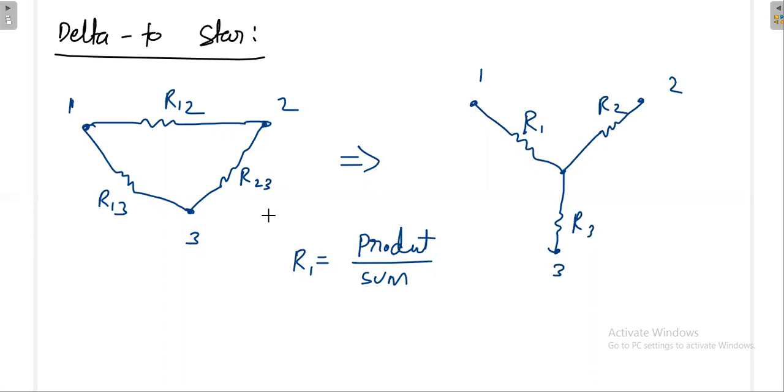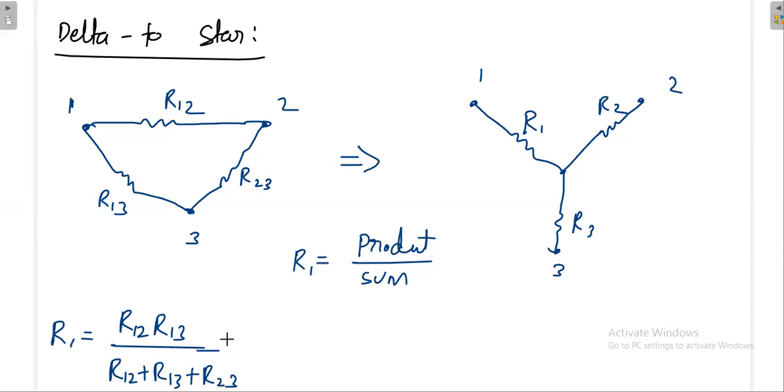R1 is common to R12 as well as R13, so I write the product R12 times R13, divided by the overall sum, R12 plus R13 plus R23. Make sure of the units: ohm square divided by ohm is ohm.